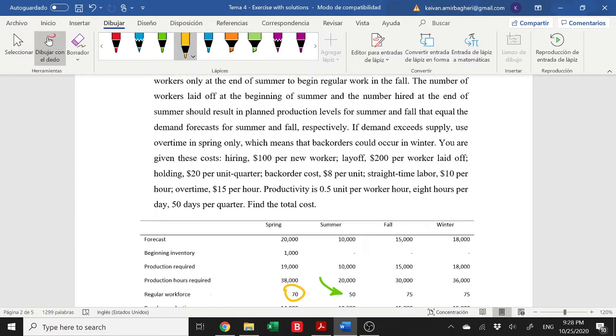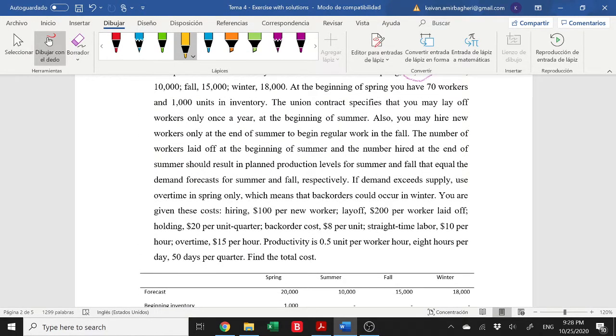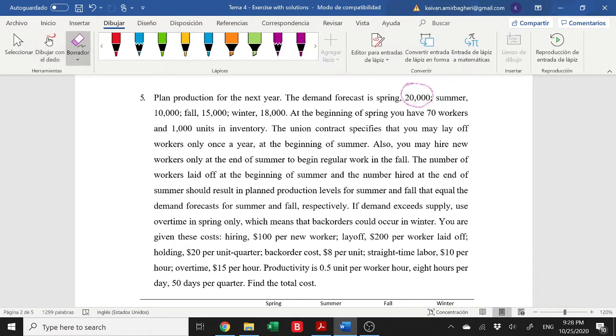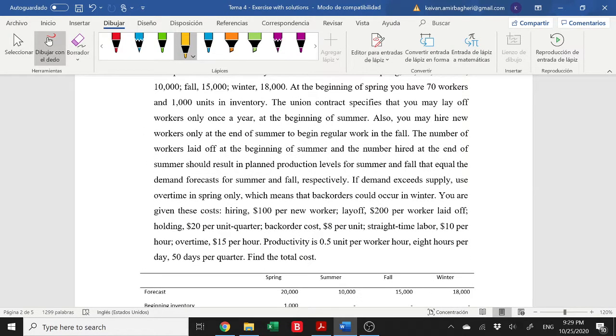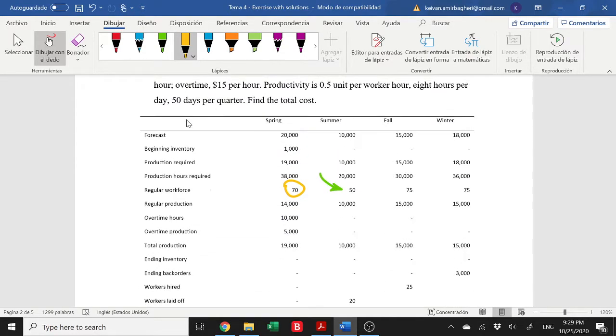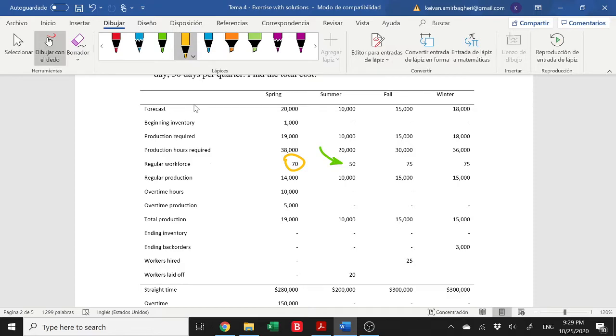And as the problem says, at the beginning of the summer, layoff or fire is permitted. So we are at the beginning of summer, and we can fire 20 units of workers.